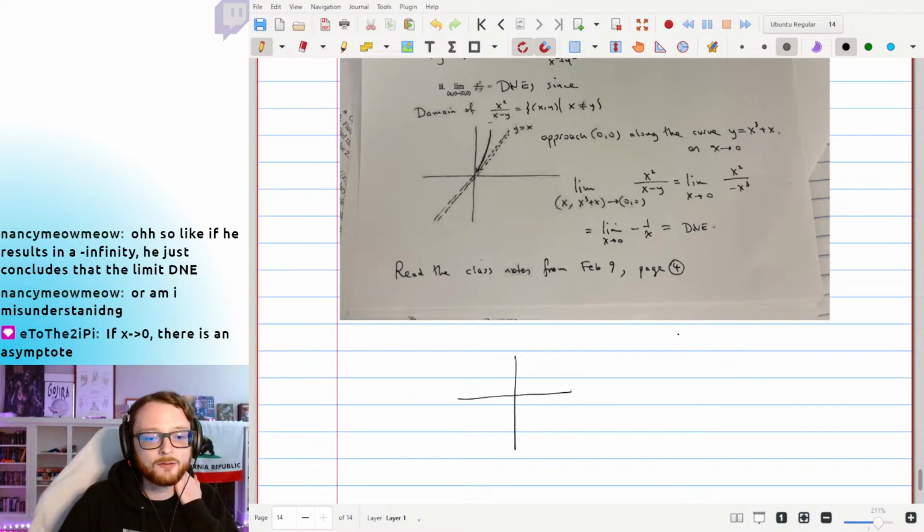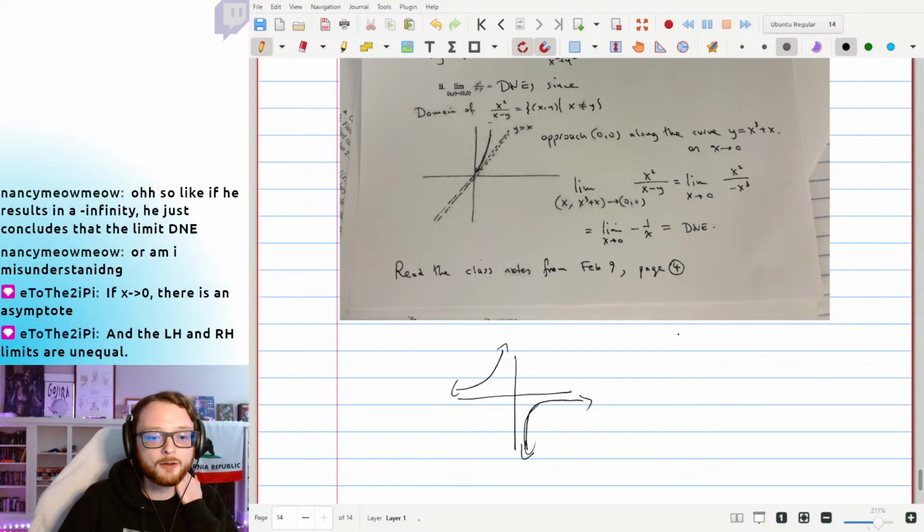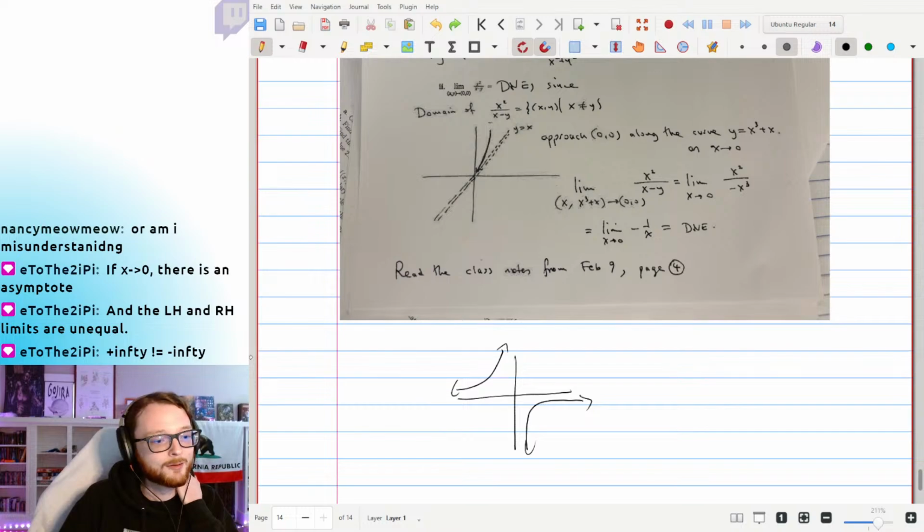To give a simpler example, if you have a function that looks like this, as soon as you show that on one end it goes off to negative infinity, you would just quit and say the limit doesn't exist. I feel like you're not learning all you can about the function because this branch over here goes up to positive infinity, and that just feels like it's helpful to know. It's not wrong. It just feels like it's not as complete as it could be to me.